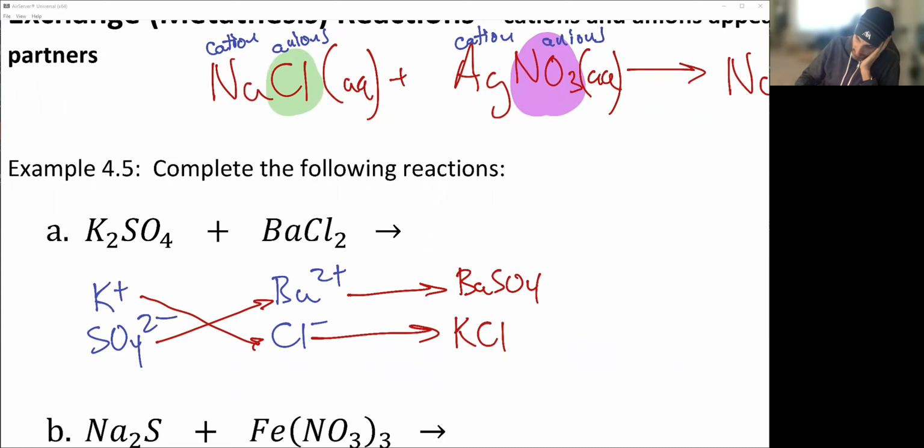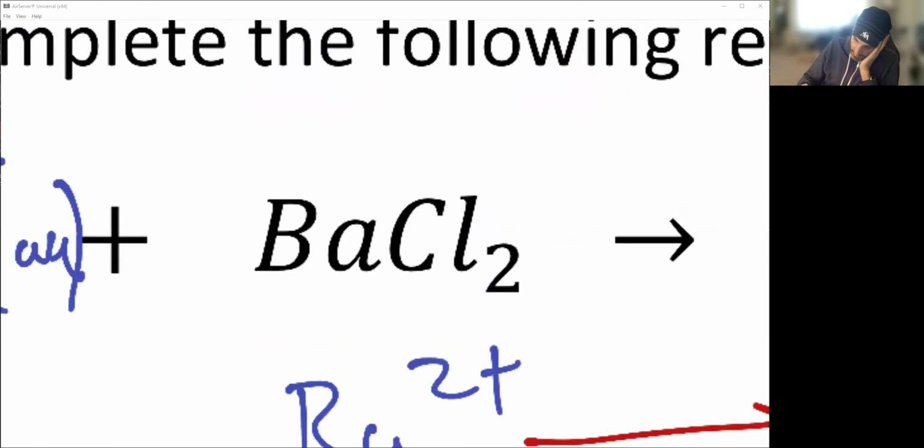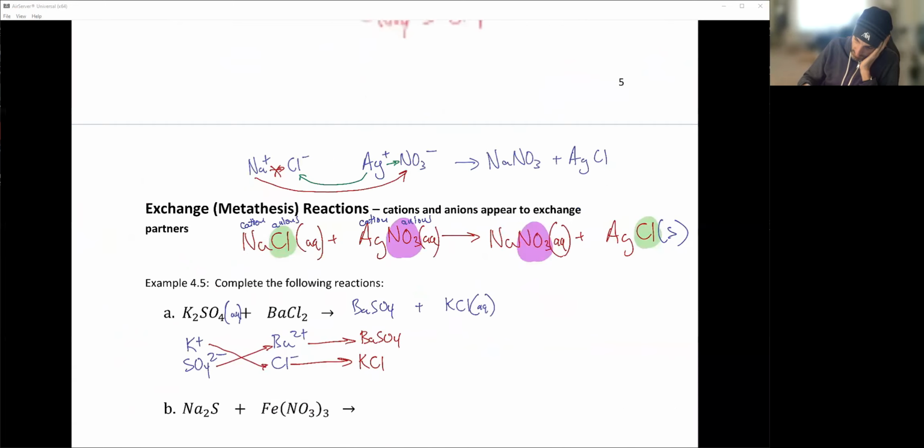So now I have barium sulfate and potassium chloride, and anything with group 1 we know is going to be aqueous. We always need to add phase tags to these things. Barium chloride. So let's take a look at barium chloride according to my list.